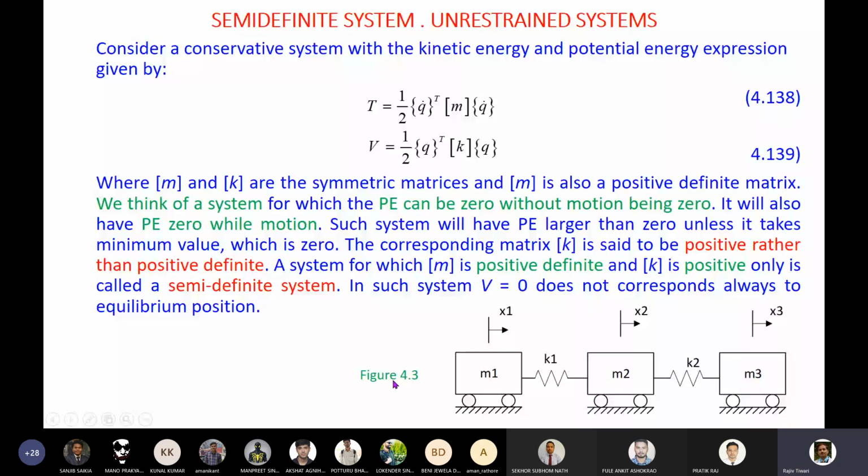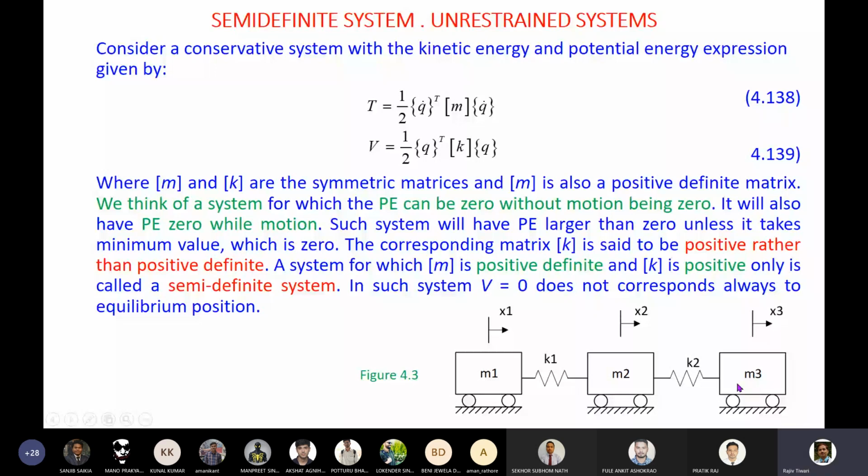So as such, they can move anywhere without any problem. Such a system is called an unconstrained system, in which none of the masses are attached to some fixed system. They are connected to each other only.